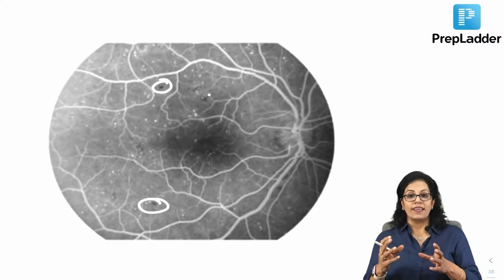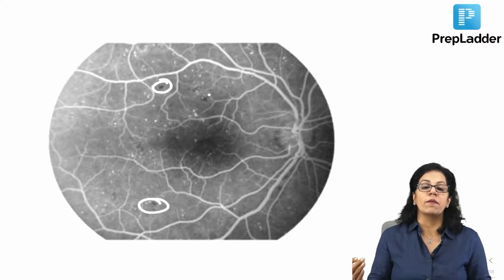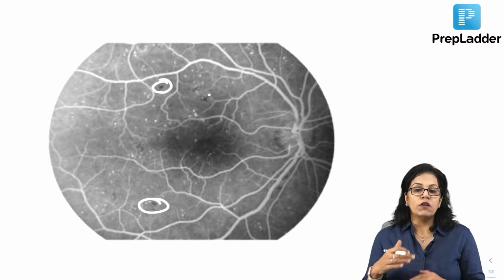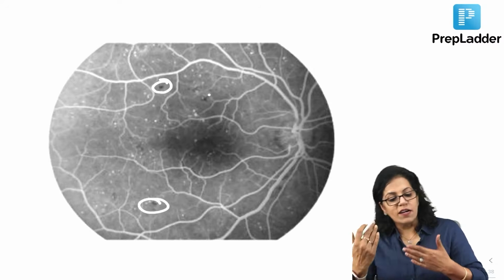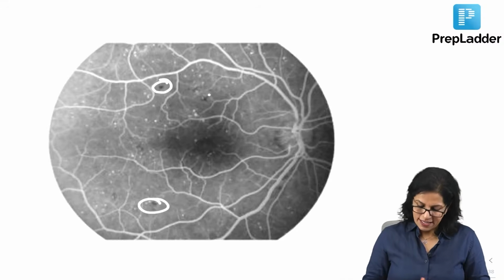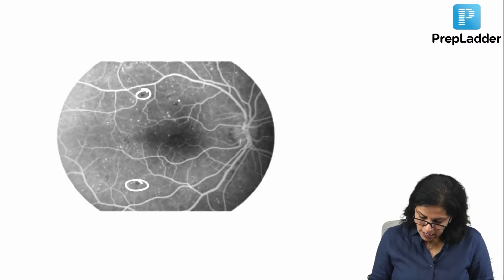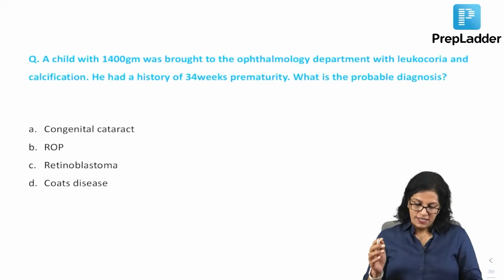So, what is hypo? It could be blocked fluorescence, or it could be due to capillary blockage. Blocked fluorescence means some hemorrhage or exudate is present and you can't look behind. It is blocking your view. That is what is called blocked fluorescence. So, I wanted to show you what is hypo here. We come to the next question.